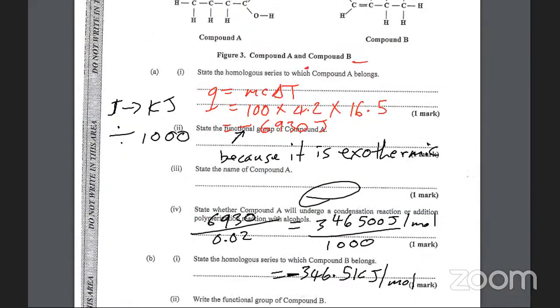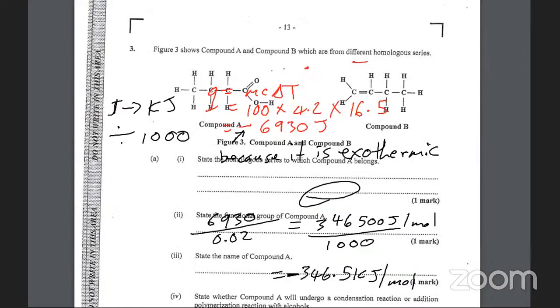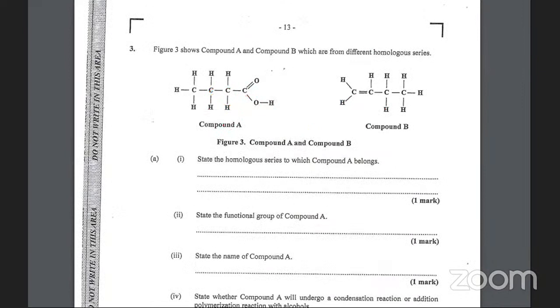Down to question 3. So this is organic chemistry. It says to state the homologous series to which compound A belongs.